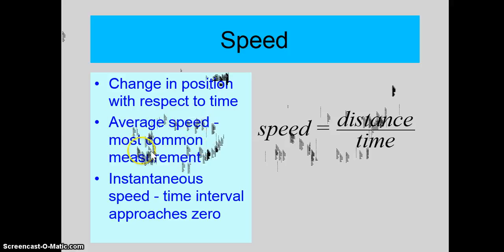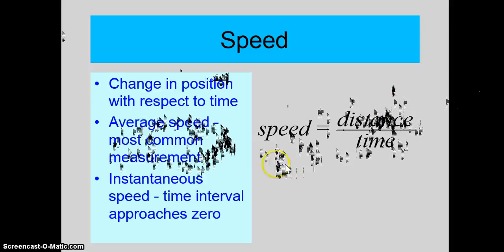For example, on an overall trip, if you take a really long trip, you're starting, you're stopping, you're turning, you're changing speeds. The average speed is the total distance divided by the total time. There are some questions about this in the homework, and I'll try to do an example or two.